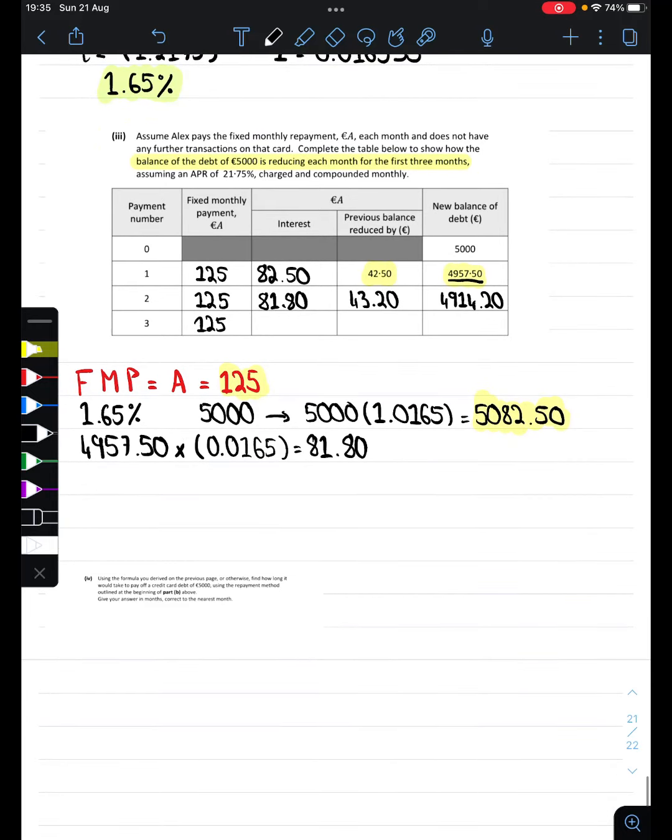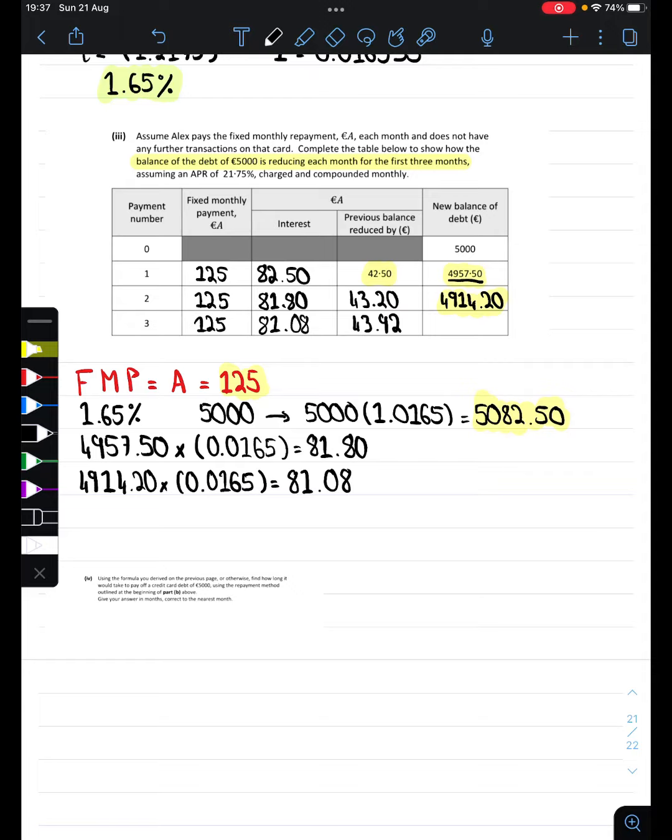Okay, and now over the next month, that 4,914.20 increases by 1.65%. So let's calculate that interest. By 0.0165 equals 81.08. So the interest here is 81.08. So now the balance decreases by 43.92.